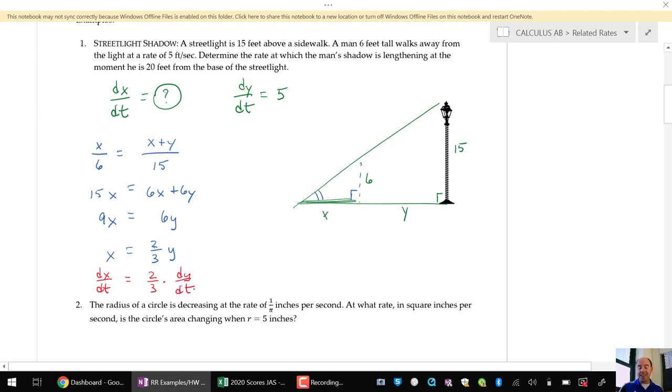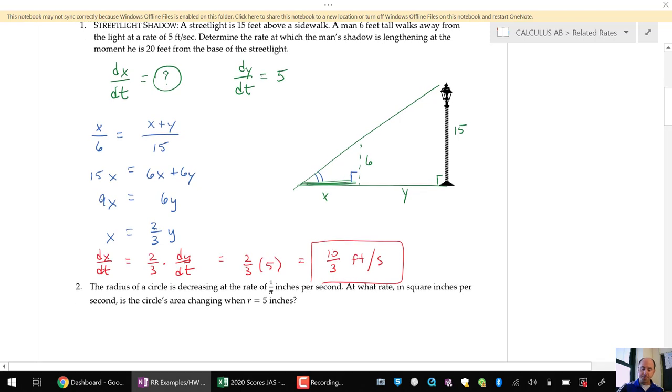And we know dy/dt is equal to 5. So let's plug in 5. And I'll have a value of 10/3, and the units would be feet per second. That's dx/dt. It's positive because the rate of increase in the shadow is increasing. So 10/3 feet per second would be that solution.